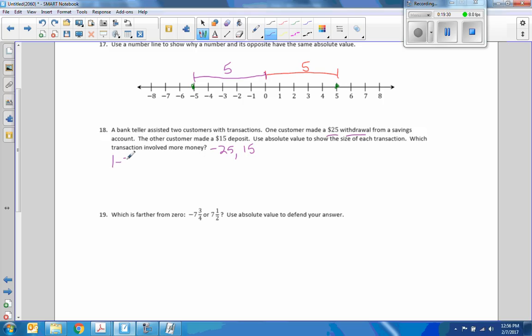So the absolute value of -25 equals 25, and the absolute value of 15 equals 15. Which transaction involved more money? If we take the absolute value and look at the larger number, 25 is greater than 15, so therefore the withdrawal involved more money.